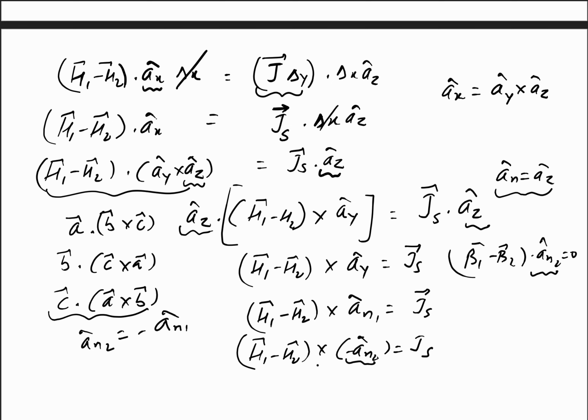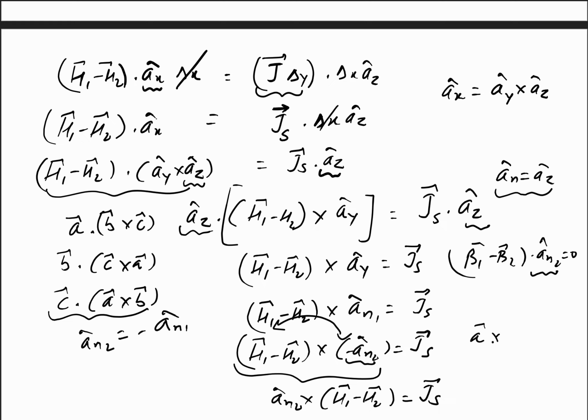Now because this is a cross product, this minus sign can be taken inside if I reverse these two with respect to the cross product. So I will write it as an2 cross H1 minus H2 is equal to JS, wherein I utilize that A cross B is equal to minus of B cross A. So this is what we have utilized. So this is the boundary condition for the tangential component.